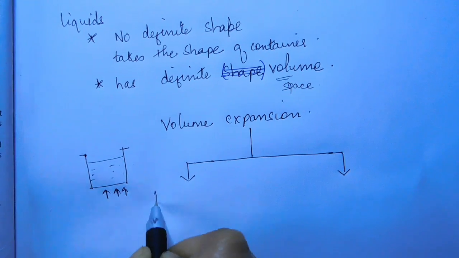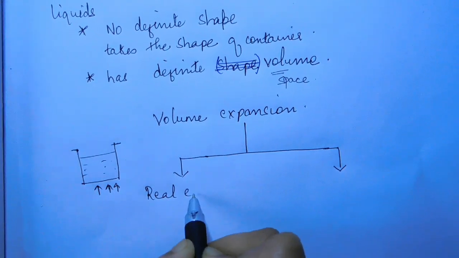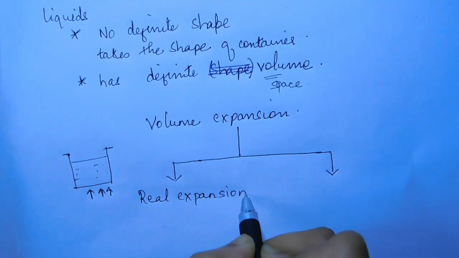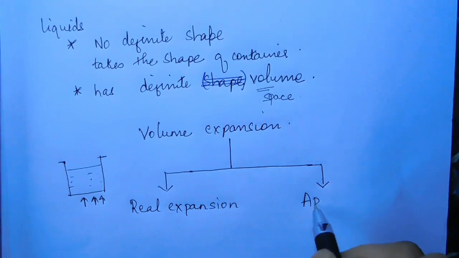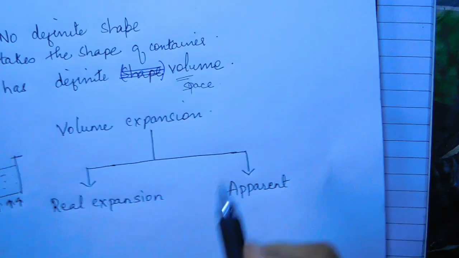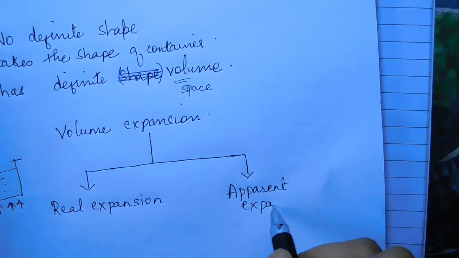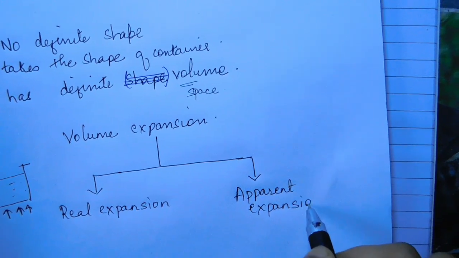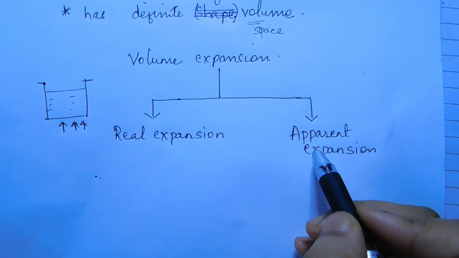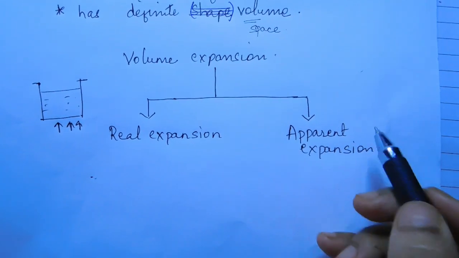One is called the real expansion, and the other one is called apparent expansion. Apparent means the one which is visible to us.